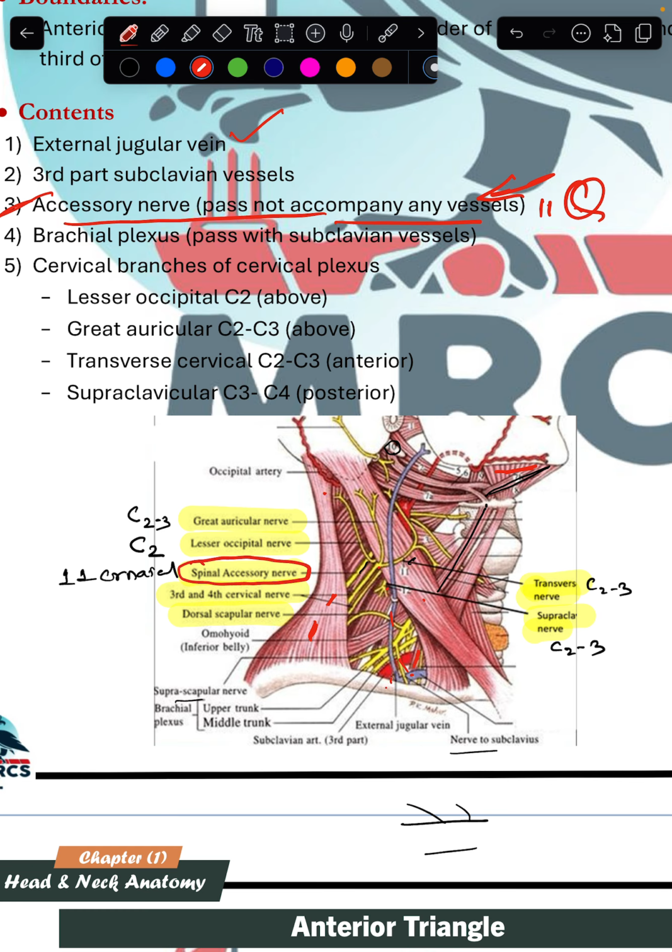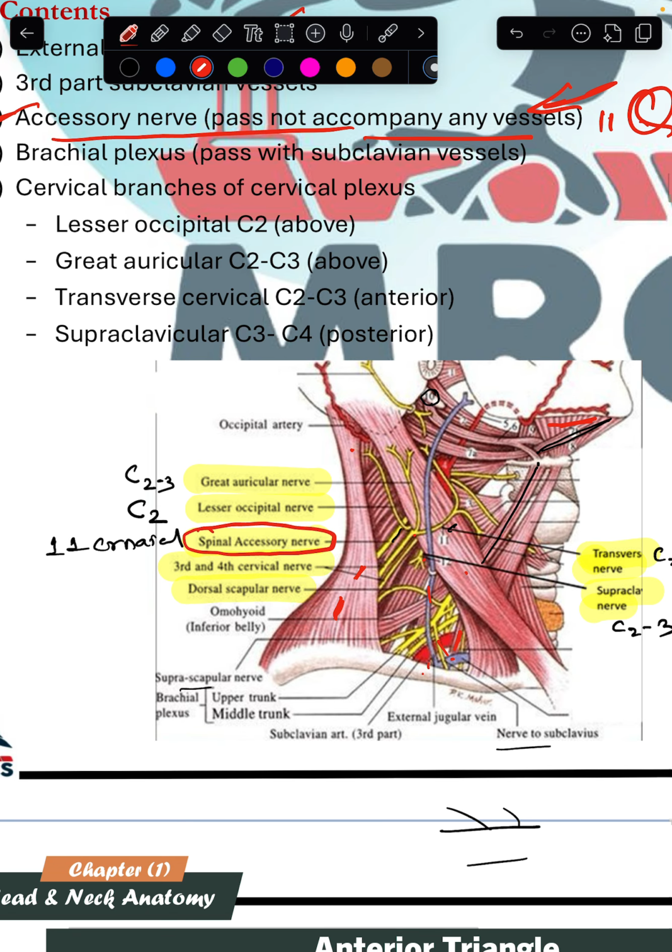Cervical means cervical area anteriorly, and this is lower. And you see greater auricular going towards the ear, C2, 3. Again C2, lesser occipital supplying the occipital area of skin, greater auricular towards behind the parotid gland. So this nerve, greater auricular, is most commonly damaged in parotid surgery.